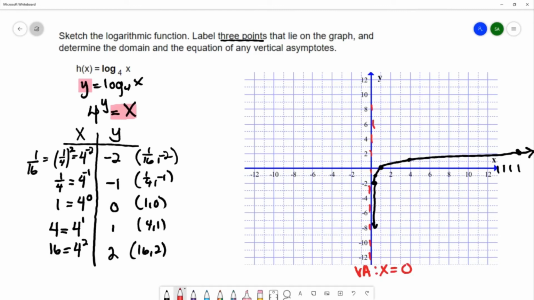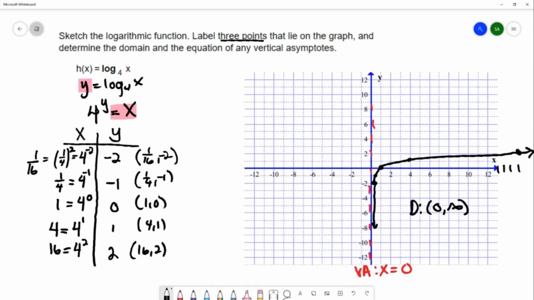And you'll also notice that the graph is only showing up to the right of that y-axis. Logarithmic functions can only accept positive values inside of the log. And so we have a domain of 0 to infinity for this logarithmic function.